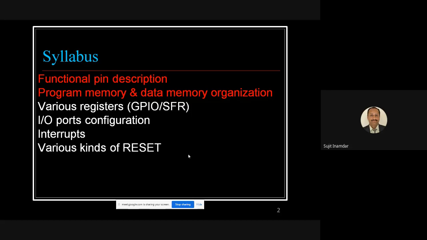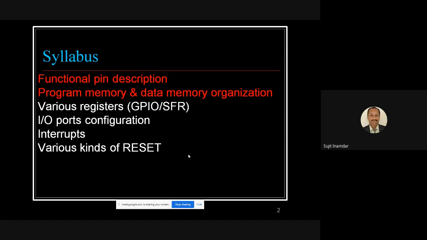It is already covered in the fifth unit: what is the function of each pin and how they work, what each is used for. After that, program memory and data memory. We are familiar with these two words. So what is the program memory?